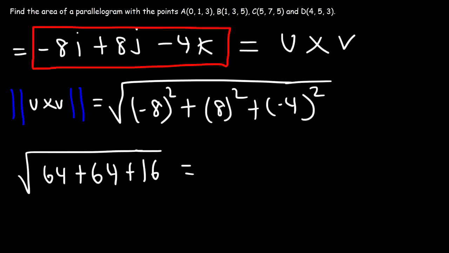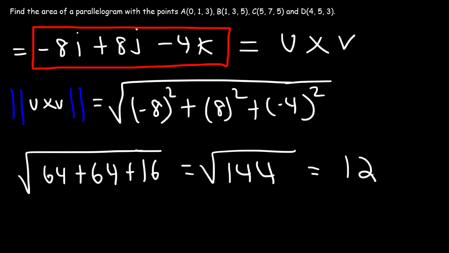So 64 plus 64, that's 128, plus 16, that's 144. And so the square root of 144 gives us a nice number, which is 12. So this is the area of the parallelogram. That's the answer.